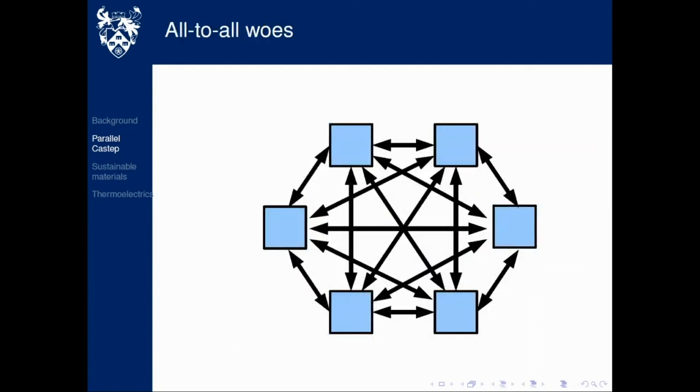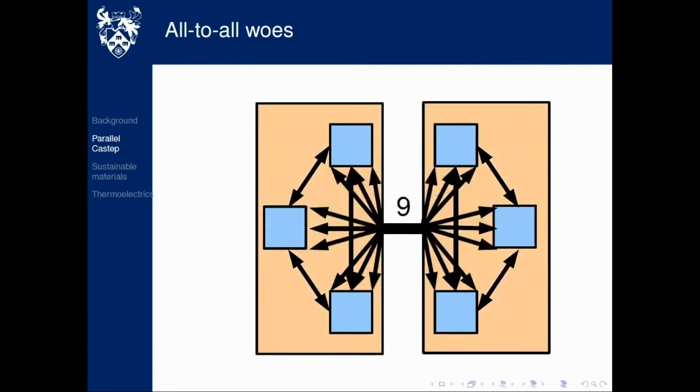So let's imagine here that I've just got 6 cores. It's not very many. I've drawn here an arrow showing the all-to-all communications for those 6 cores. I've mostly shown it so you can see that it's a mess. It's a lot of communications. But I don't have 6 cores all connected. I would probably have, let's say, 2 nodes or 2 chips of 3 cores each.